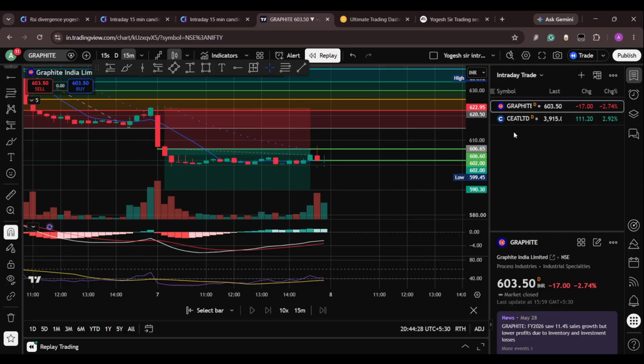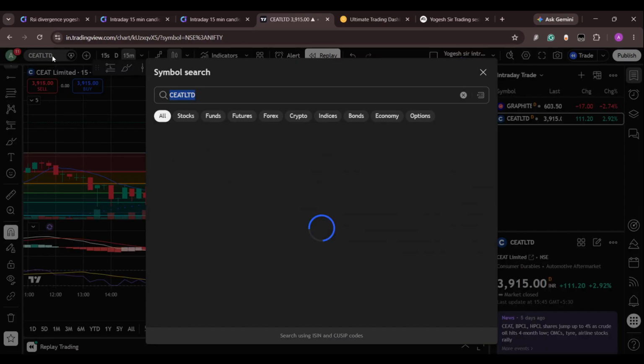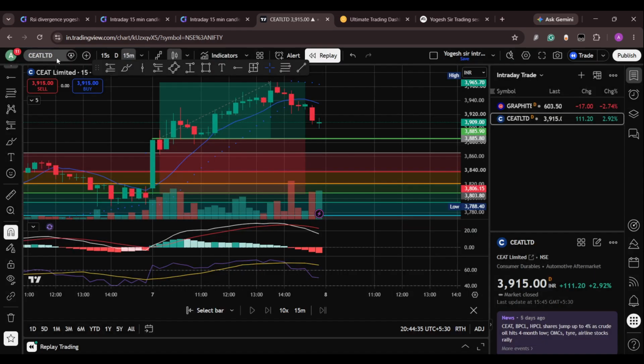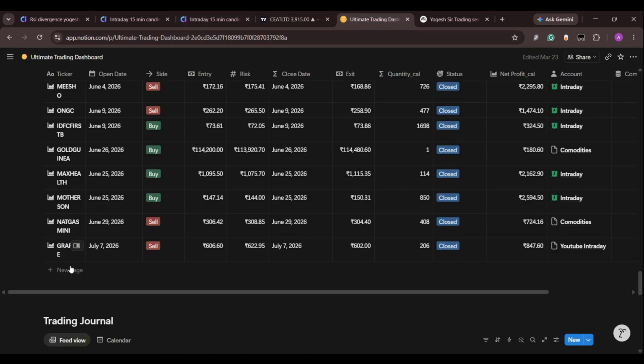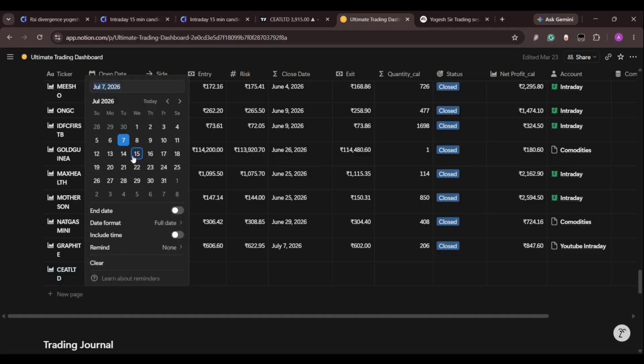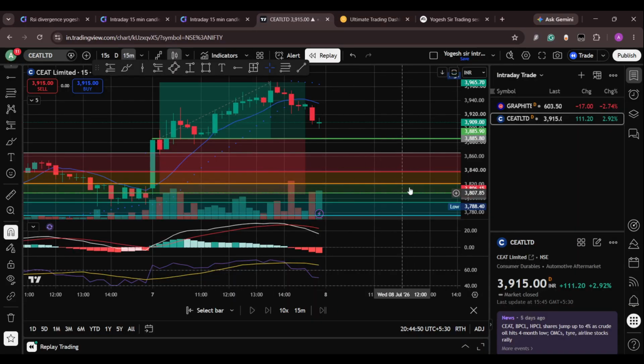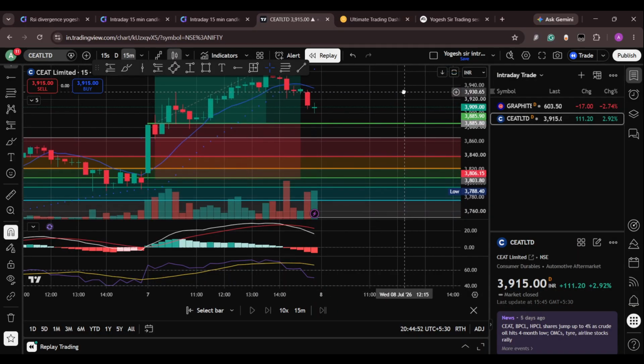Now let me take the second chart. That was CG Limited. Let me add CG Limited again. My trade was done today. I took a buy trade. My entry price was 3,885.90.